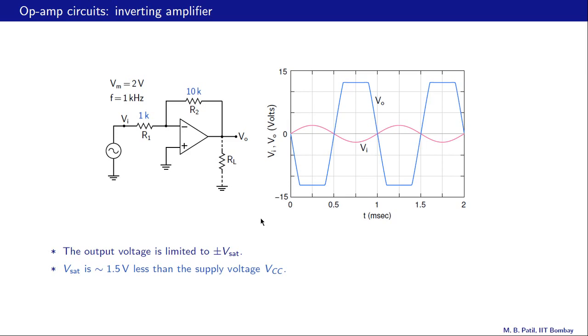But because of saturation, the output voltage is limited here by Vsat and here by minus Vsat. And this is something that you can easily check in the lab. So hook up this circuit in your electronics lab and observe the waveforms. As you keep increasing the input amplitude, at some point you will start seeing this effect of saturation.